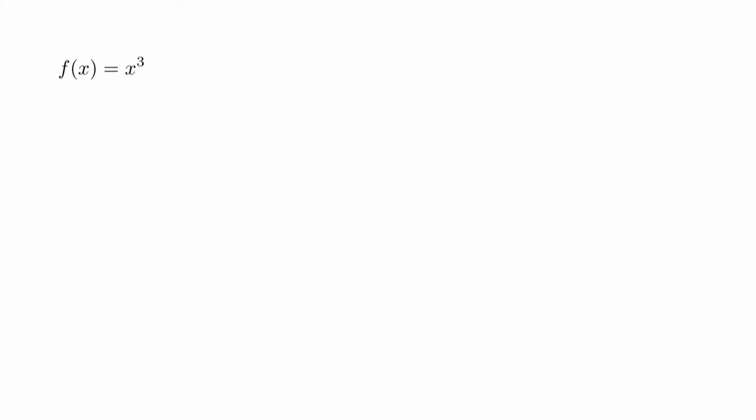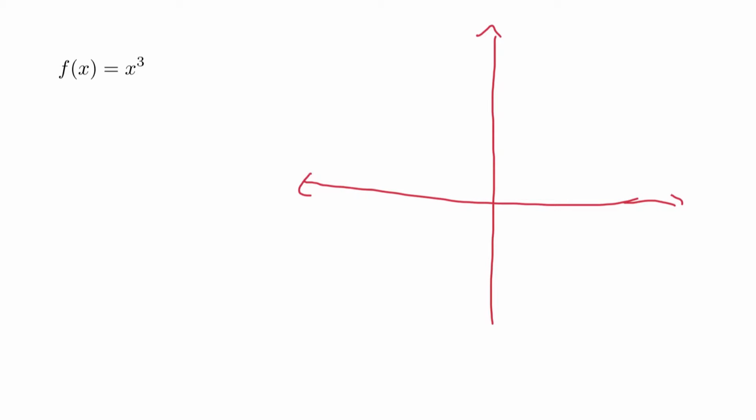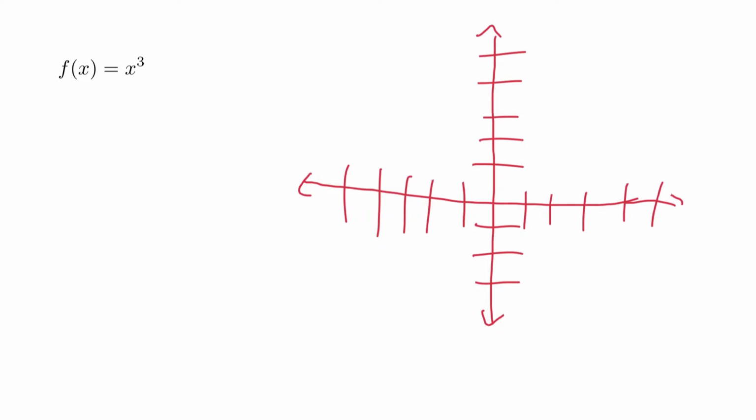So let's look now at f of x equals x cubed. So we know from earlier work what this looks like. Okay. And now I run the horizontal line test.